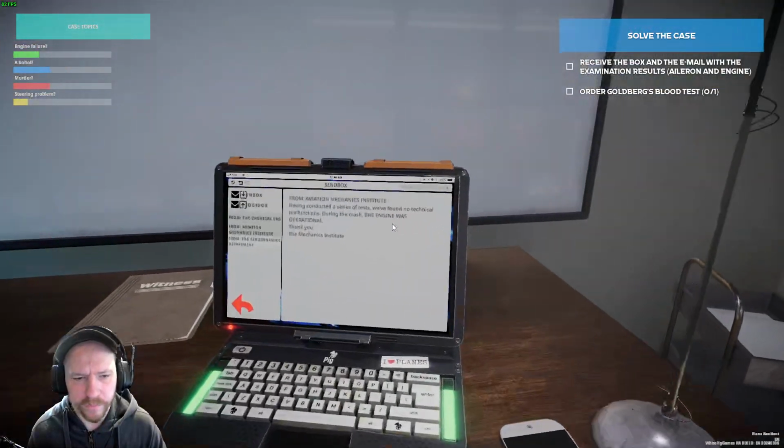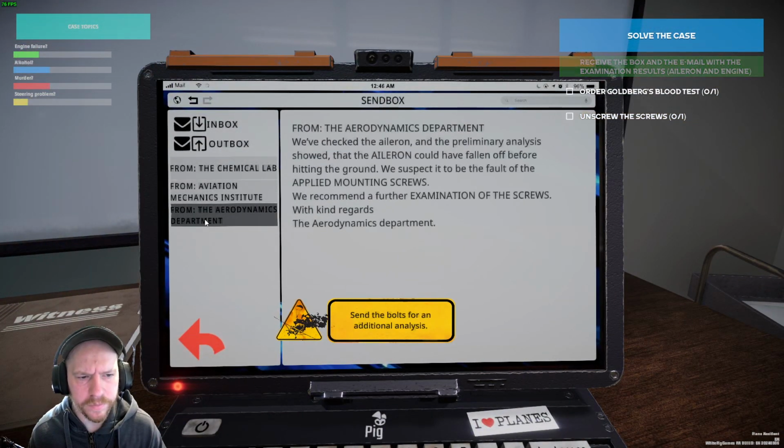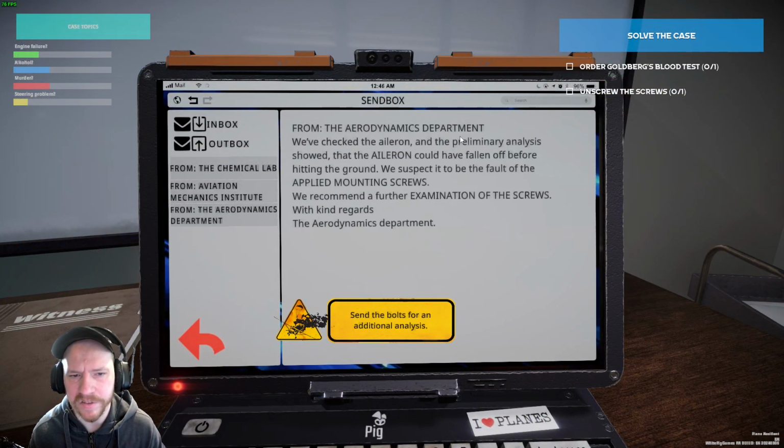Right, was there anything wrong with the ailerons? From the aerodynamics department, we've checked the aileron and the preliminary analysis showed that the aileron could have fallen off before hitting the ground. We suspect it to be the fault of the applied mounting screws.